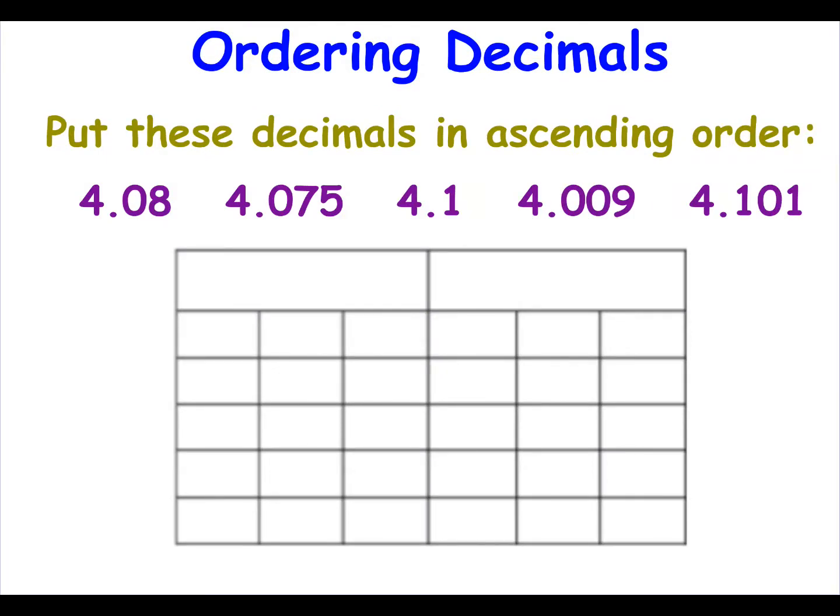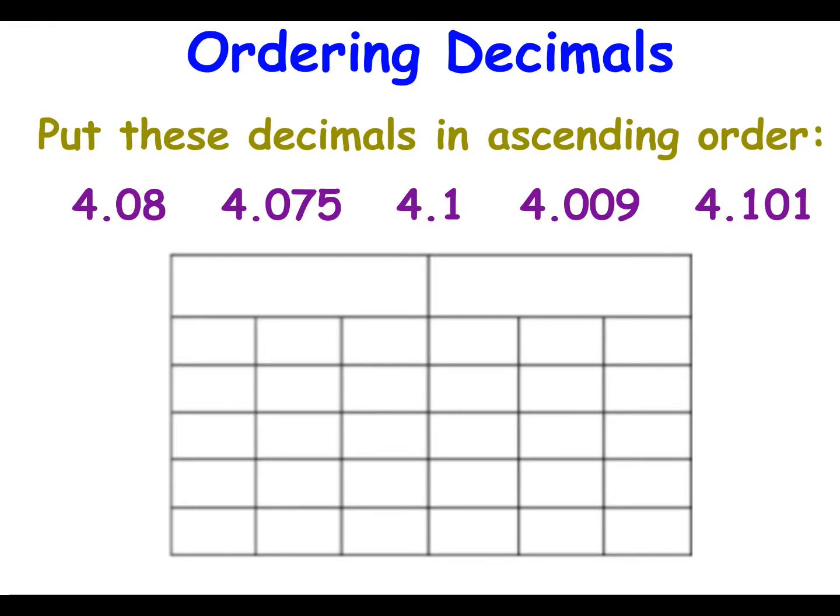Here's another exercise at ordering decimals. So have a go yourselves, not forgetting the techniques we've shown you. Okay, so the way we do this is we make all of our decimals the same length, so they have the same number of place values. Now we can compare like with like. All of the numbers have the number 4, so there are no units to order.